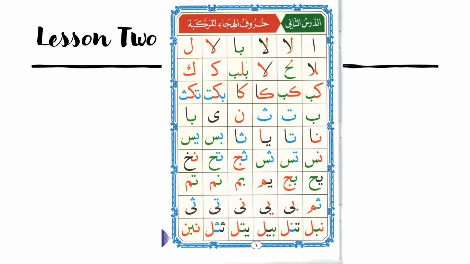And the first letters are the ba, ya, noon, ta, tha. As we said, they all look the same. The only way of differentiating between them is the dots.